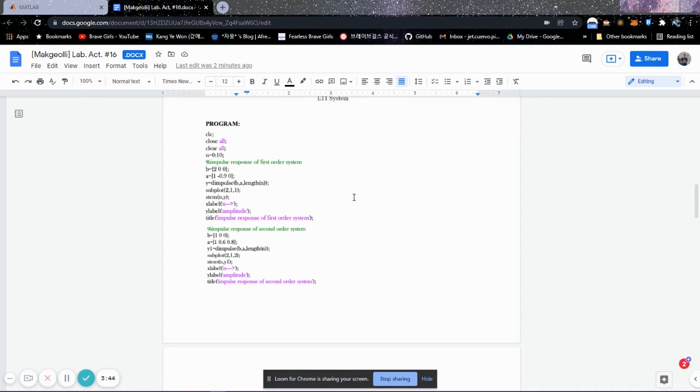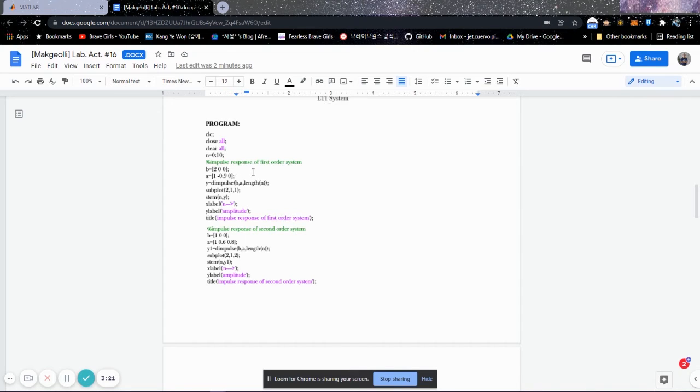And here we have the code for creating an impulse response. There are two responses in this laboratory experiment: the first order system and the second order system. The parameters would be the a value and b value.